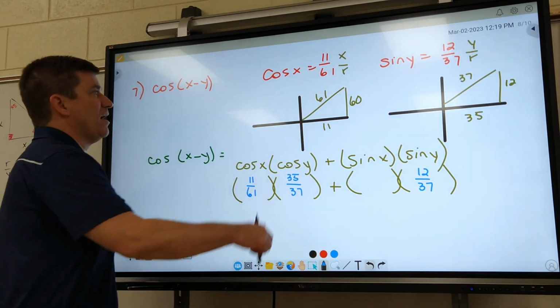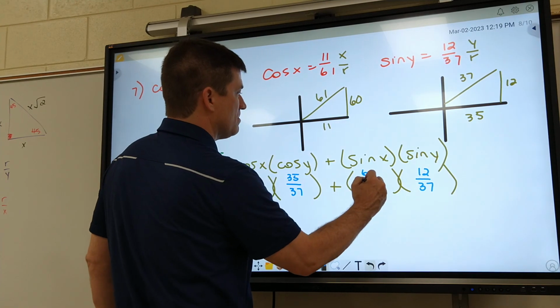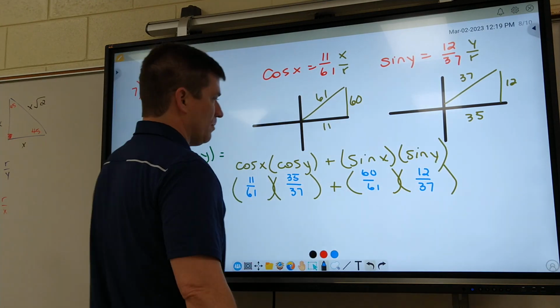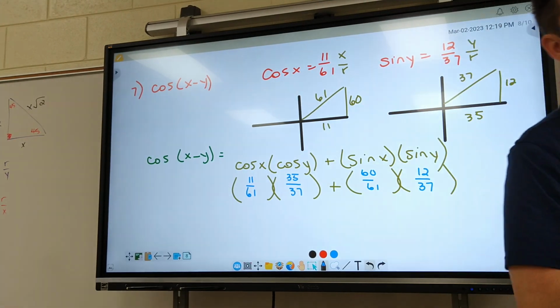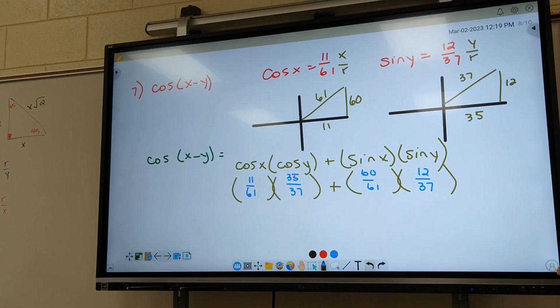All right, sine of x is 60 over 61. Plug that in your calculator, and you should have an answer here. Is this one a decimal or a fraction? You girls who've already got it done, it's a decimal.